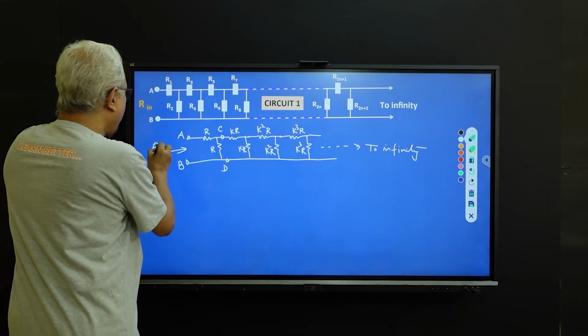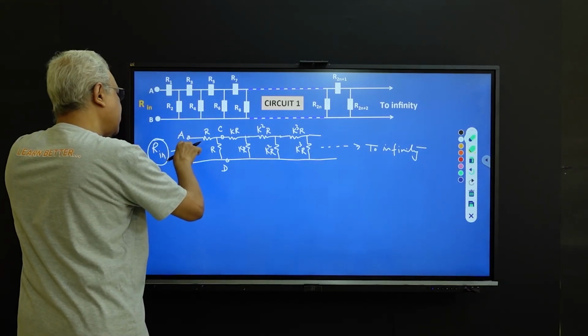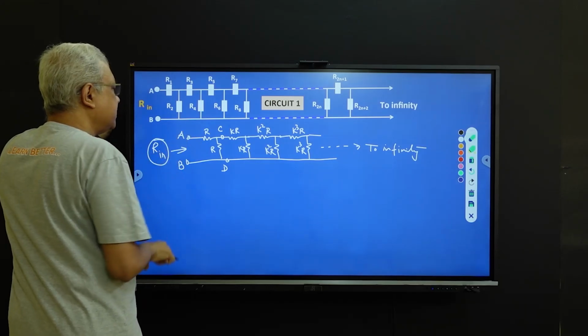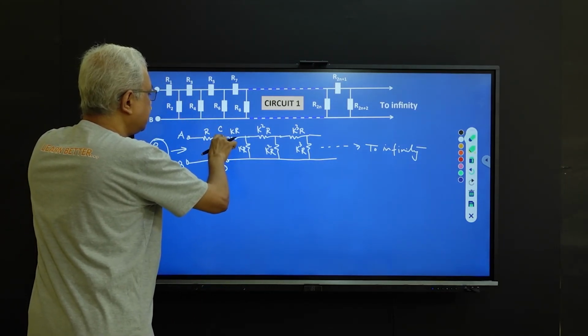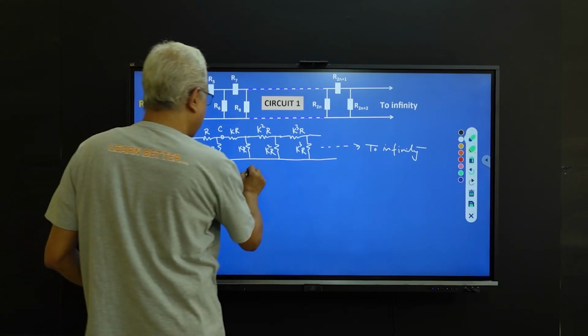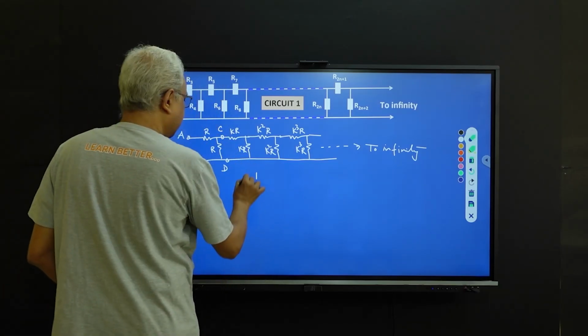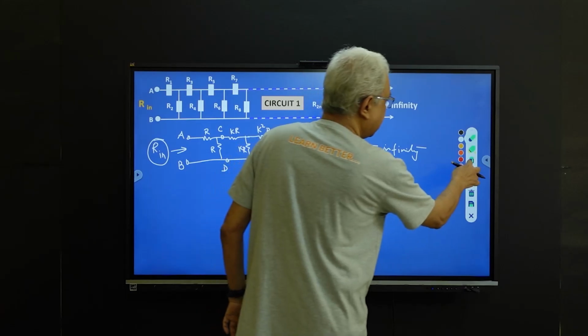So if RE is the equivalent resistance between A and B, and RE dash is the equivalent resistance between C and D, then I can definitely redraw the circuit like this.